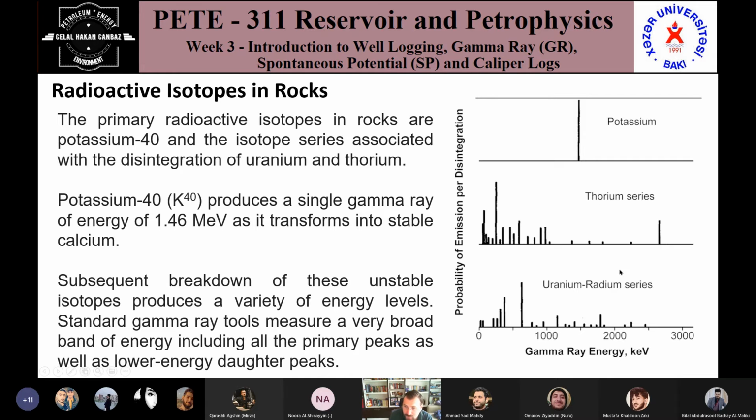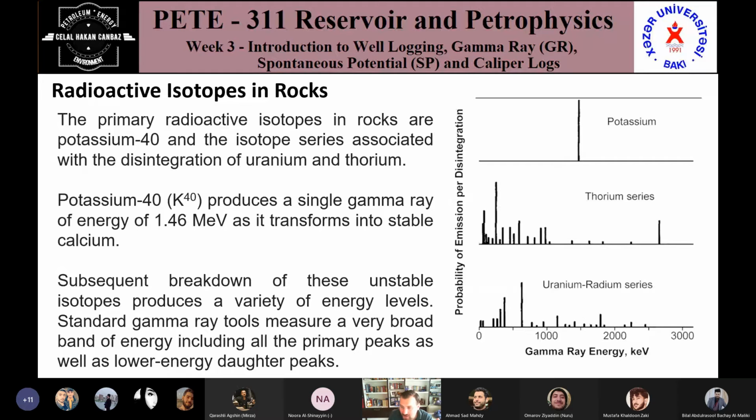Potassium-40, for example, produces a single gamma ray of energy 1.46 million electron volts, and it directly transforms into stable calcium.